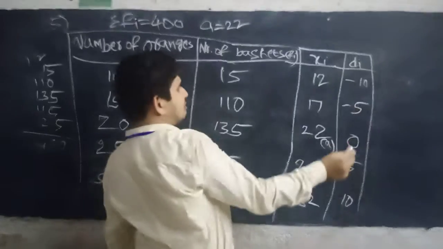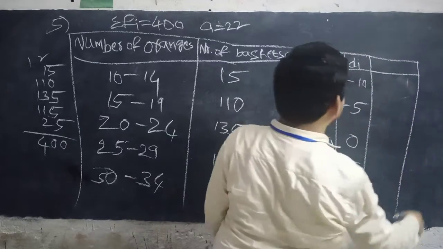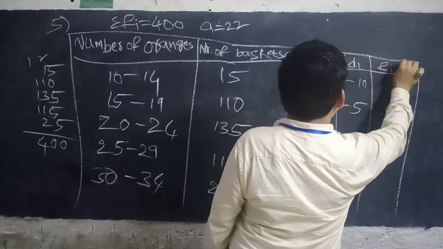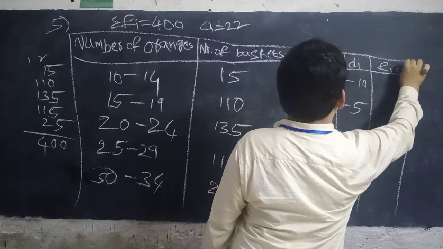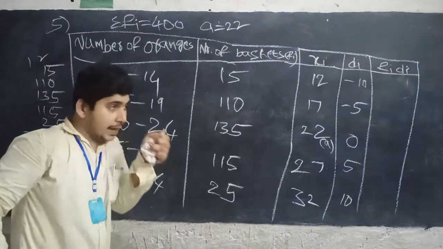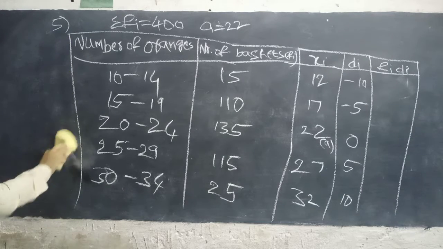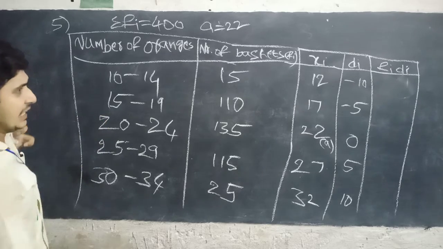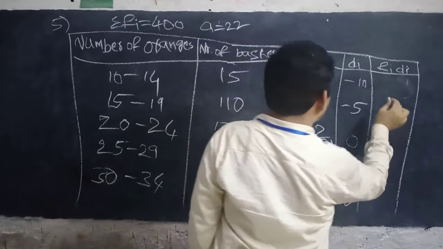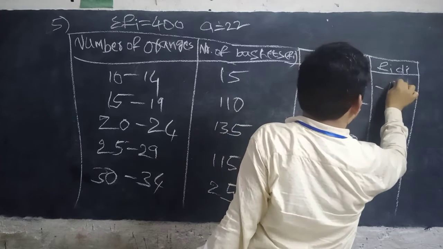Now, what you have to do? You have to multiply the value of fi and dA. fi into dA. Now 15 into minus 10, minus 150.